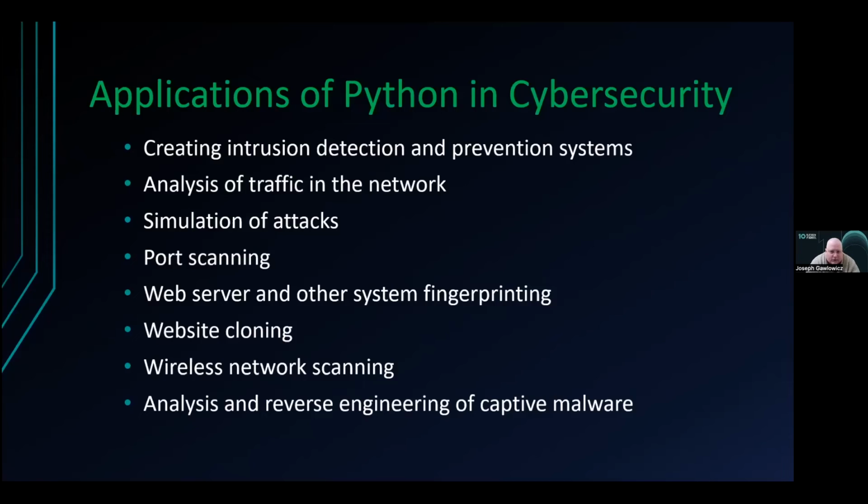You can create intrusion detection and prevention systems. A firewall is a very simple idea of an intrusion prevention system. There are much more complicated host-based and network-based systems now that both detect intrusions to networks and systems and also prevent them, depending. You can analyze traffic in the network, back to Wireshark and other tools like that.